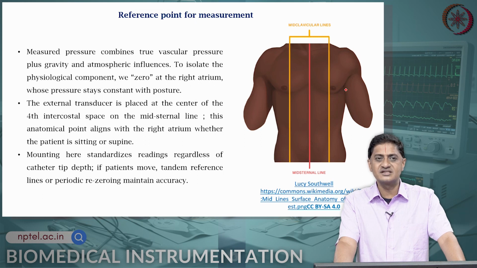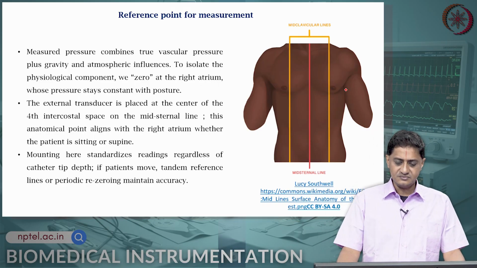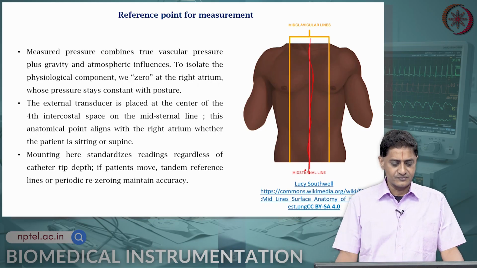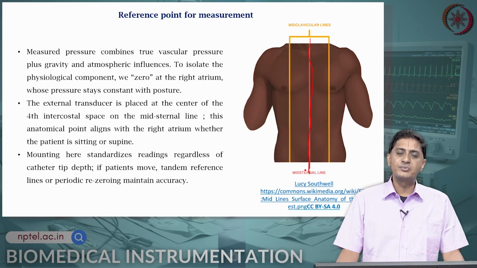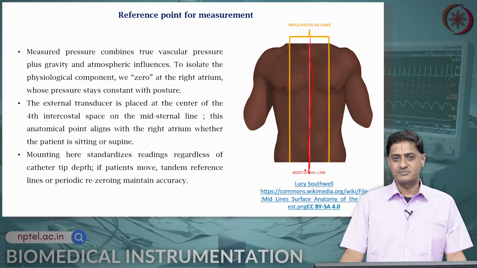So, you place an external transducer at the center of the fourth intercostal space on the mid-sternal line. This anatomical point approximately aligns with the right atrium, whether the patient is sitting or lying down.